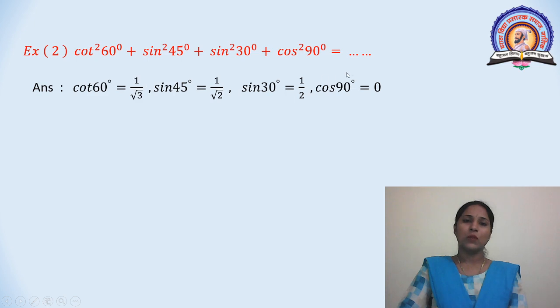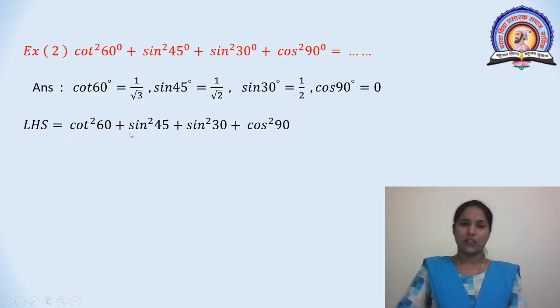Taking these values in the given equation, we get LHS is equal to cot square 60 degree plus sin square 45 degree plus sin square 30 degree plus cos square 90 degree.